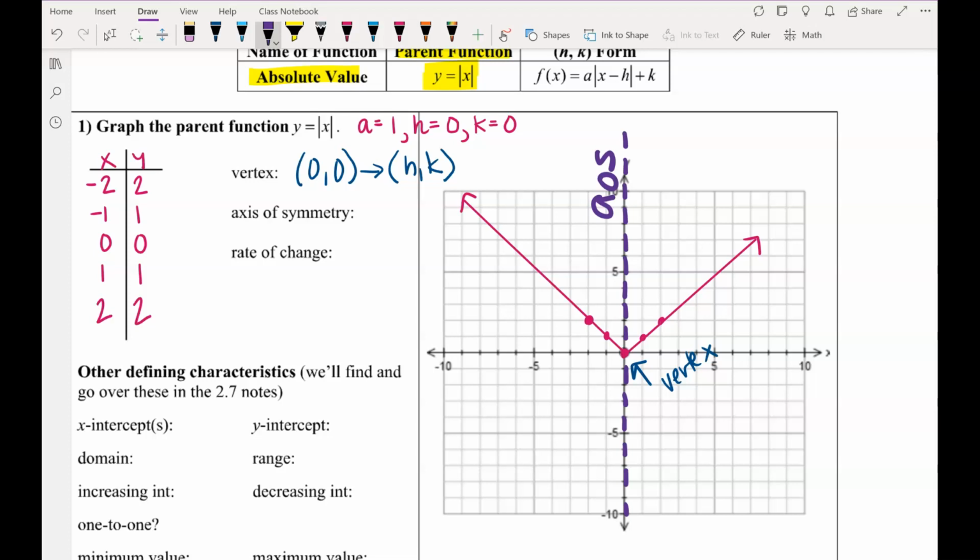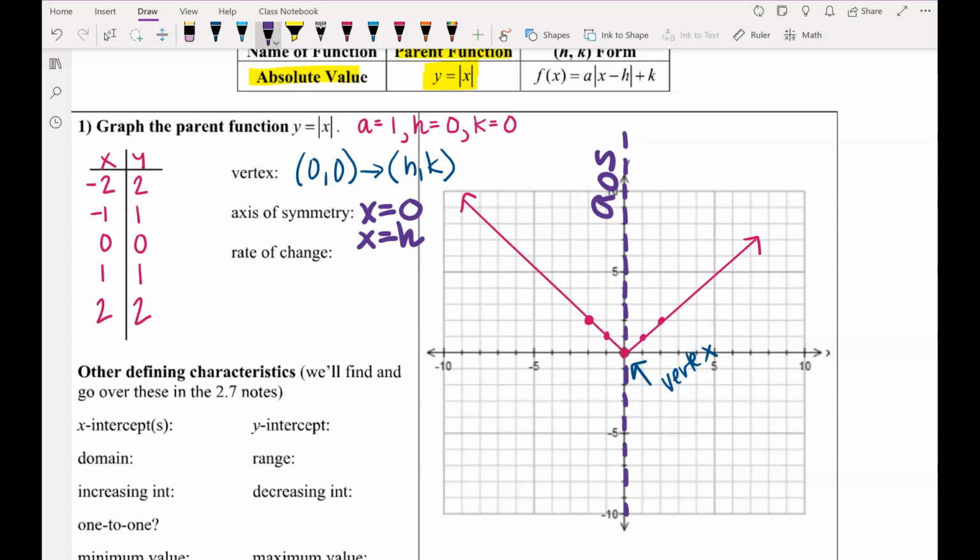So where is this line at? On the y-axis, but we have to write it as an equation. So it's going to be x equals what? 0. It is the h value. So guys, axis of symmetry is always x equal to whatever h value it is.